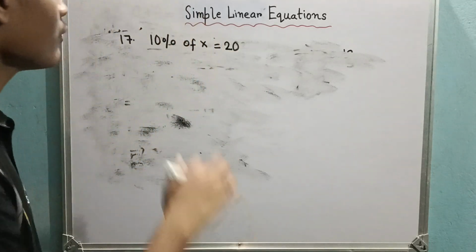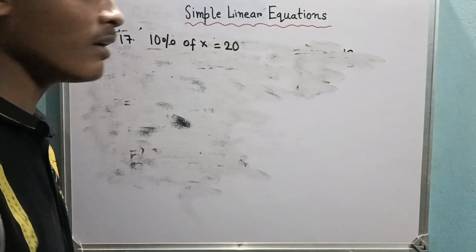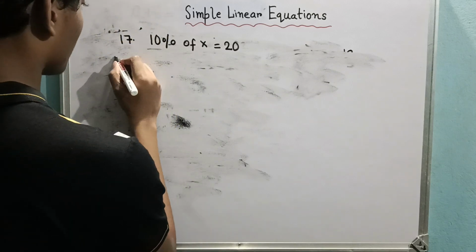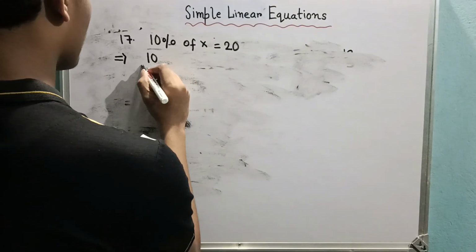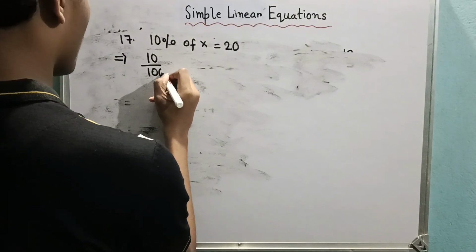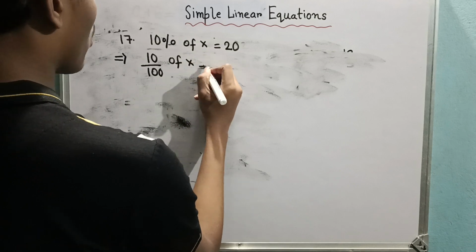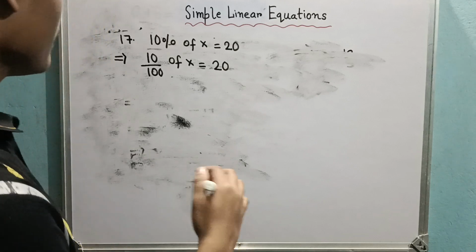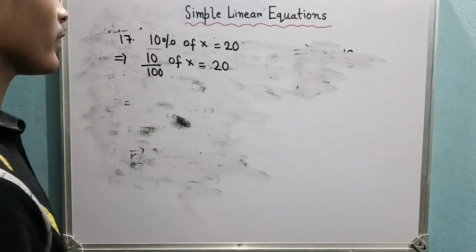So we have come across this word percent. 1% if we say, that is equal to 1 by 100. So here I can write that 10 by 100 of x equal to 20. So guys, this means that 10 parts of the 100 parts out of x equal to 20.